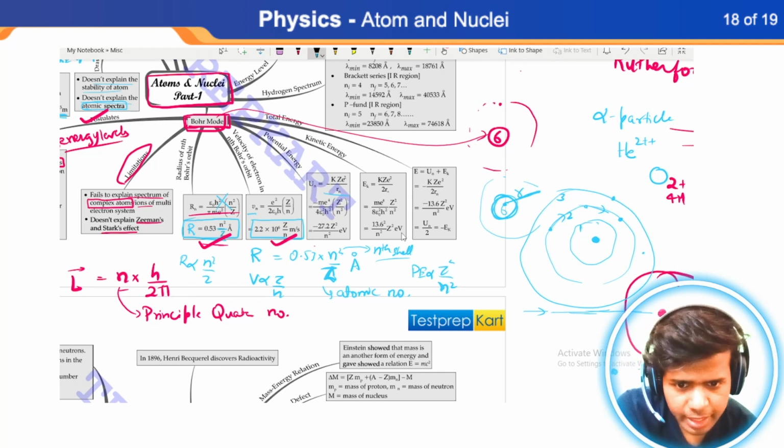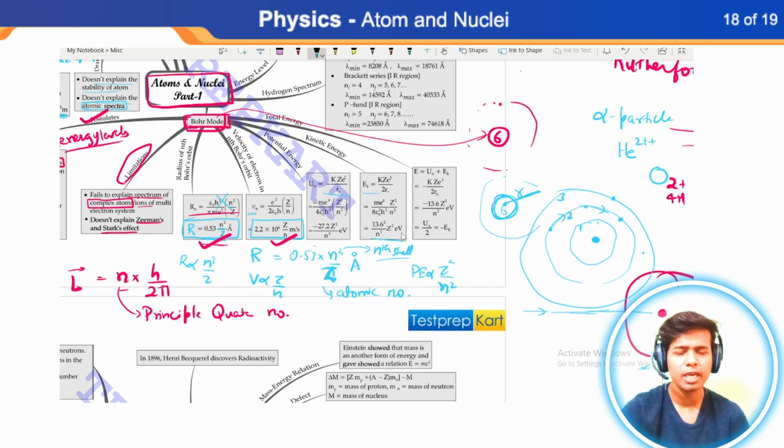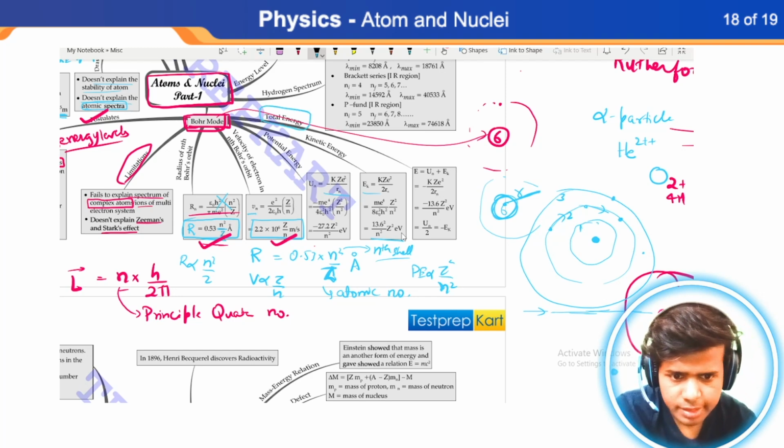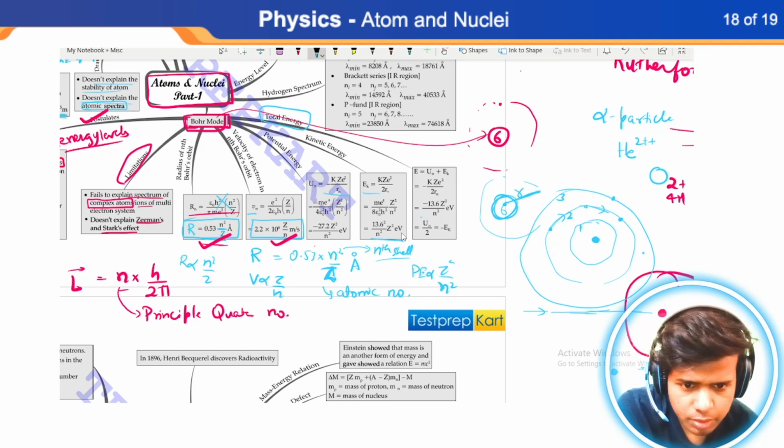Now you have the kinetic energy, which is exactly half but opposite sign. This I think you might have noticed in the chapters of gravitation and then electrostatics, that potential energy turns out to be double the kinetic energy in opposite sign. So this is what you have to remember, total energy, that is equal to this much.